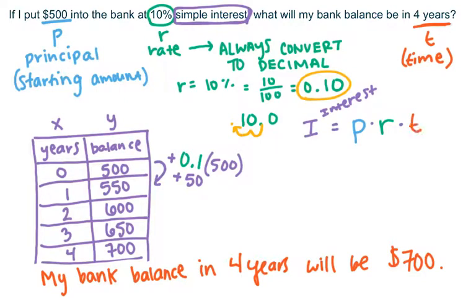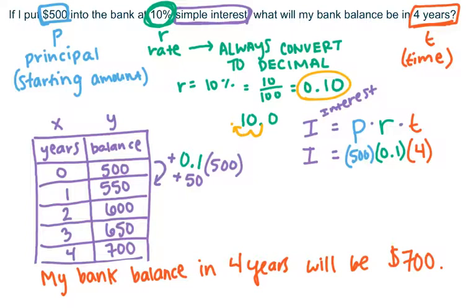So this is why I made note of all of these pieces here. Your rate is 10%, or 0.1. Your principal is $500. It's how much you put into the bank. Your time is 4 years. So the interest that I will earn after 4 years is equal to my principal, $500, times my rate as a decimal, 0.1, times the time, 4 years.